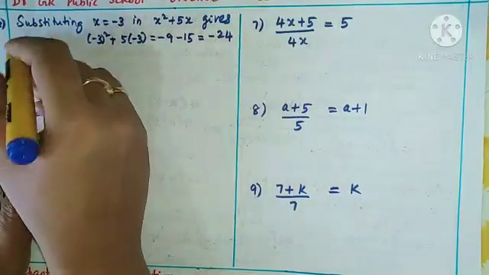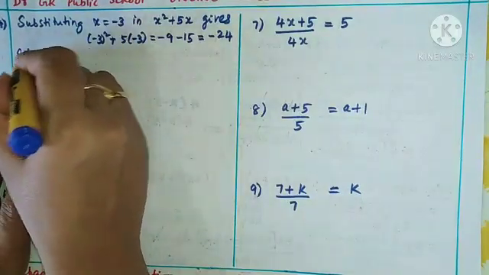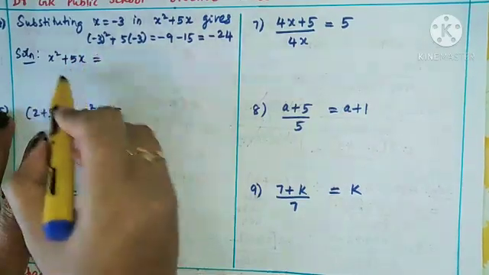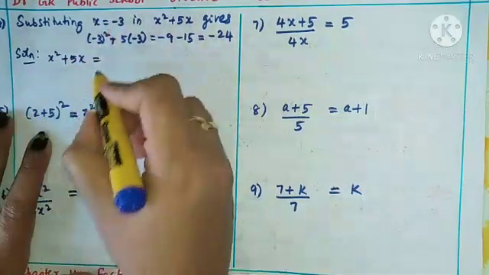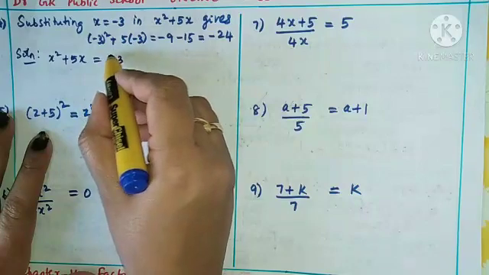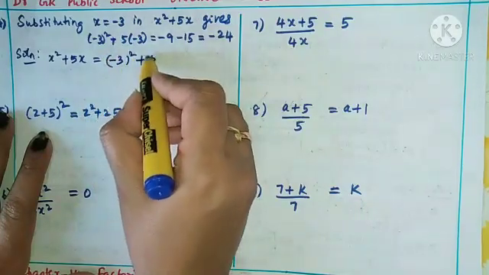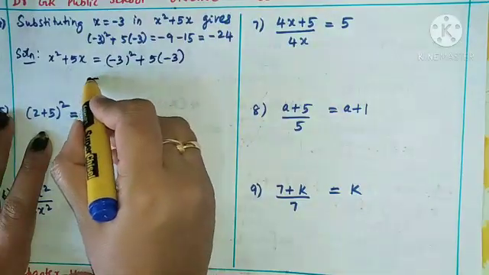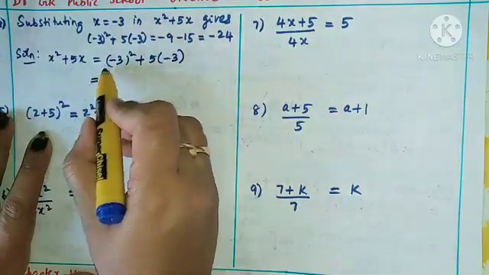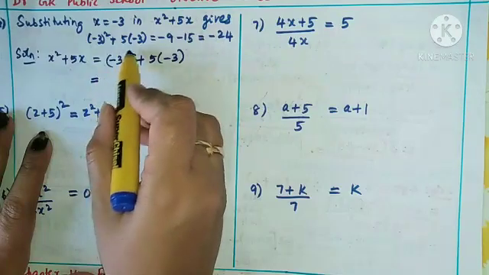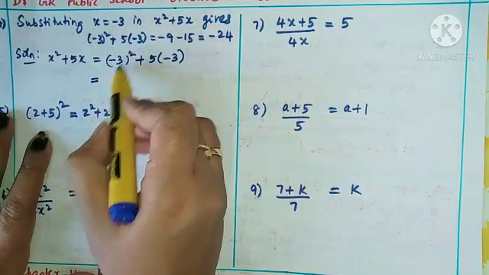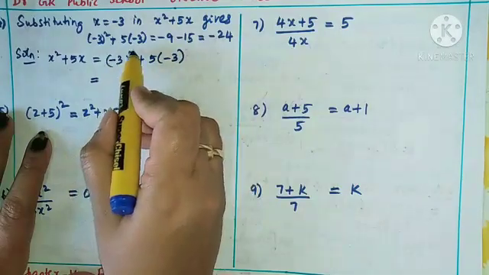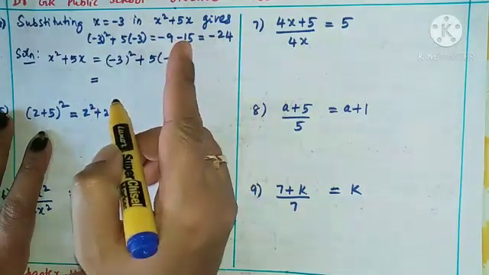So first you want to write the expression once, x² + 5x. Now in the place of x, you can use −3. So this becomes (−3)² + 5 into −3. Okay. So that is equal to, what is (−3)²? Yes. (−3)² means 3 squared is 9, and the minus is squared as well.